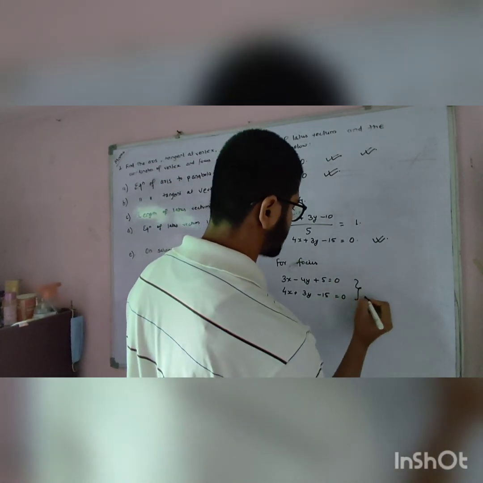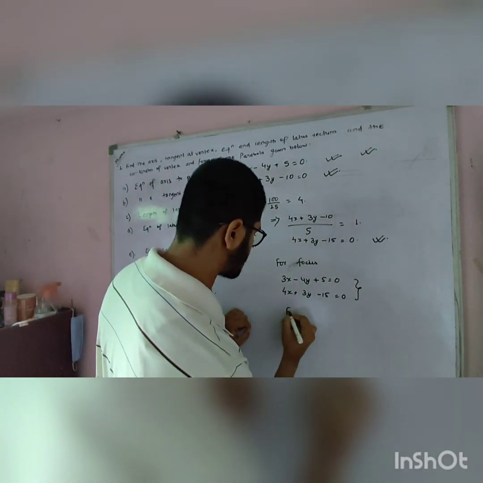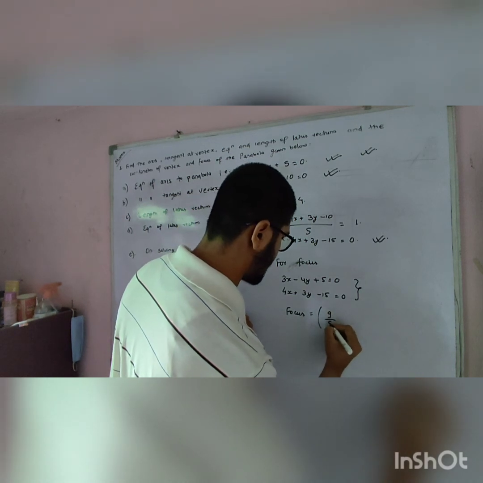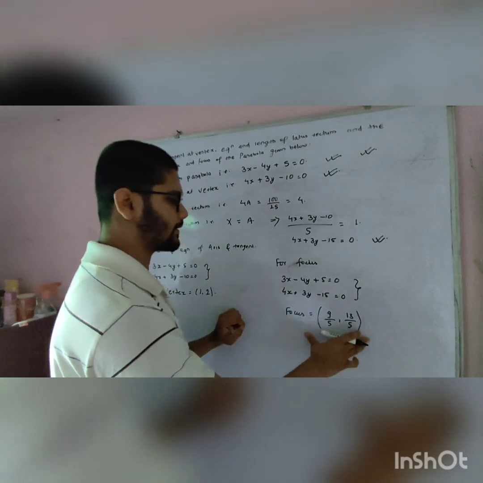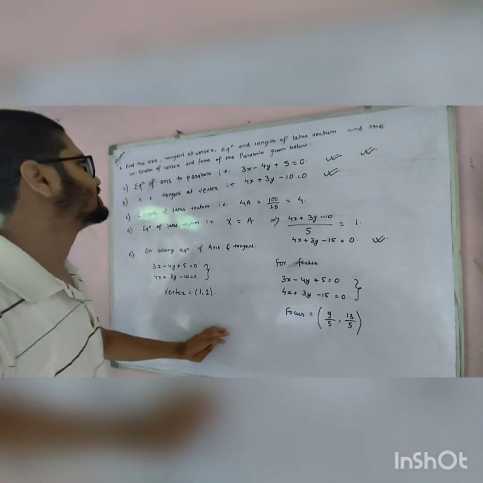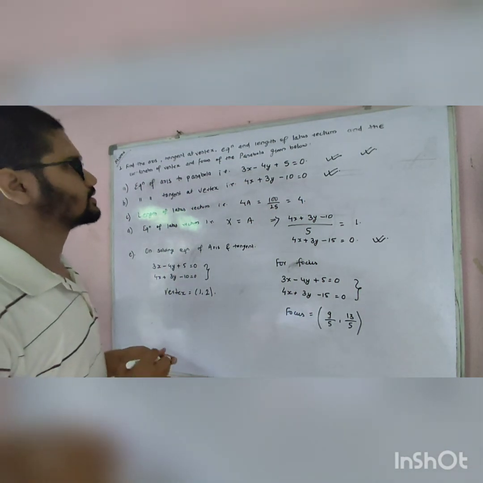Again we are using the calculator. We will get that the focus is (9 by 5, 13 by 5). I have already solved it, so I can remember the value. So this was all, and I think we found everything. So thank you.